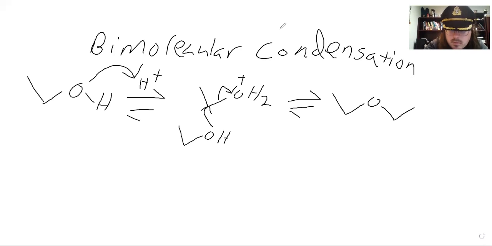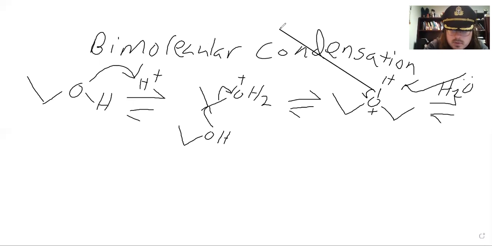So, cation, and then of course our water. Grab that. Swing it down. So, all said and done, the final product is an ether. We formed an ether by combining two alcohols together.